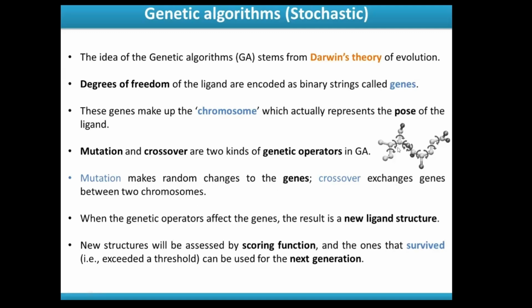That means a particular conformation of one bond will be transferred to the other ligand molecule. So there are these mutation and crossover exchange events which take place in the ligand, and every time there is a change, a new ligand structure will be generated, right? So now this is the new generation.